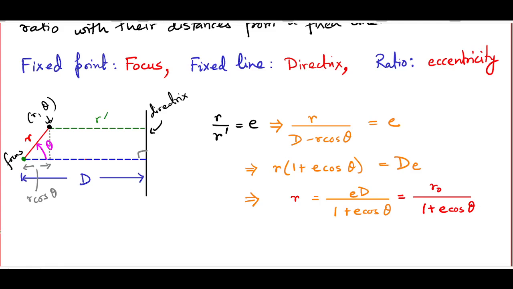Now, we have already argued before, using the effective potential, that for a Kepler problem, particles with negative energy will execute bound orbits.